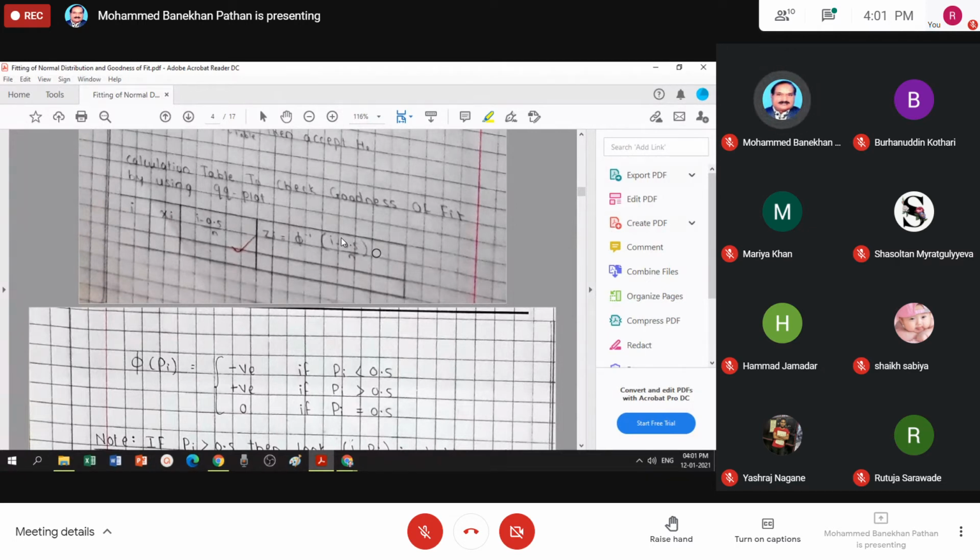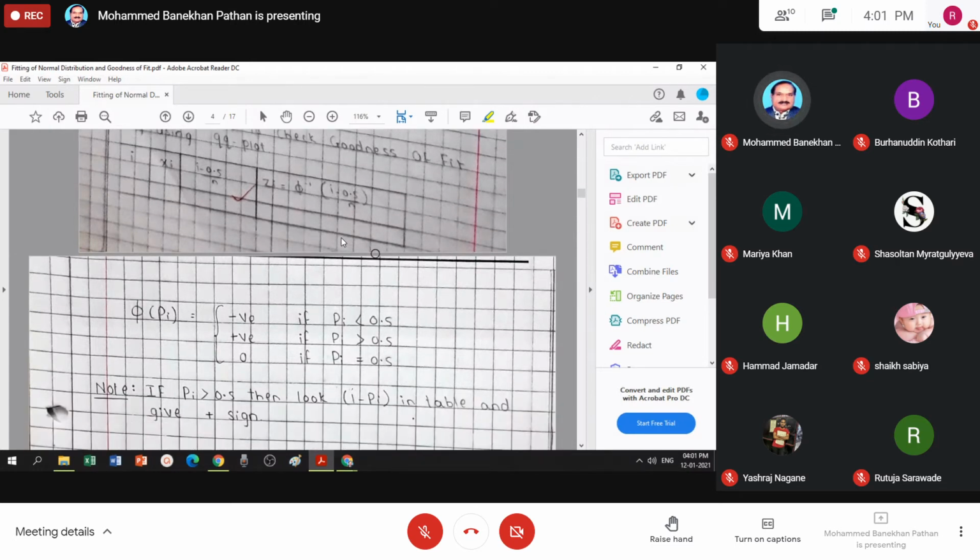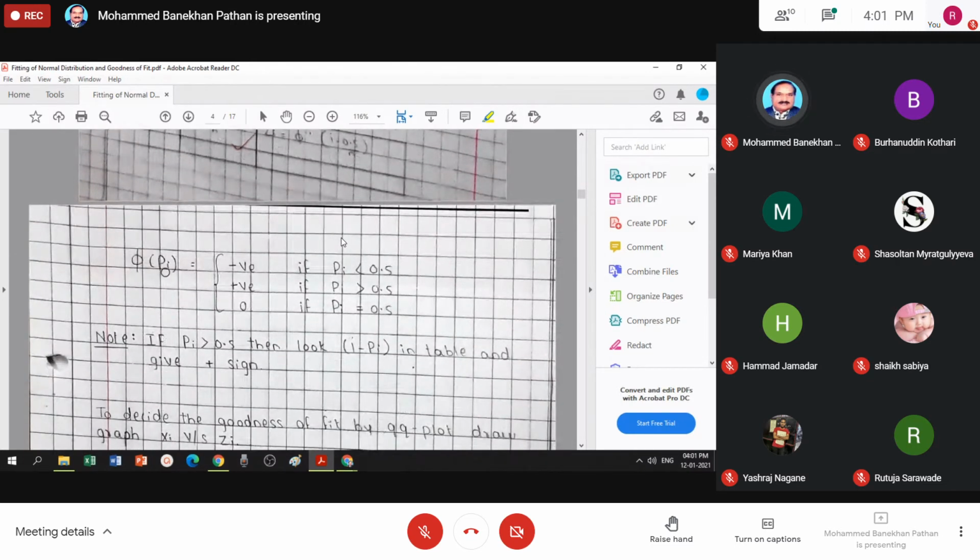If data is totally random, not coming on a straight line, then we say data is not coming from a normal distribution. Now here, phi inverse of pi, where pi is a probability, is negative if pi is less than 0.5.